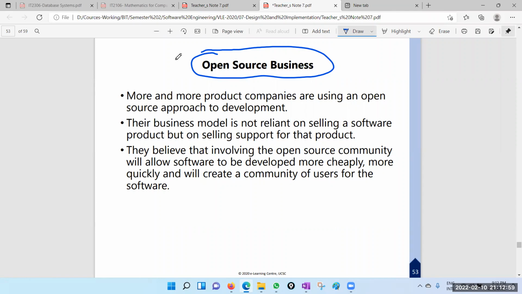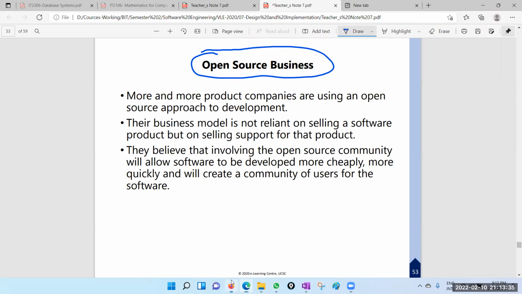So then someone will ask, how do you make money out of that? You make money by making sure that your software is used by so many people and they need some extra support. So you provide that extra support for a service fee. If you have a very big client base, that is more than enough to survive and earn money. So that is how the open source business works.